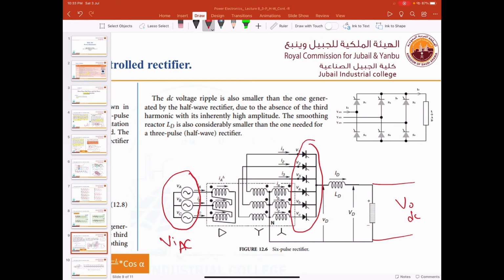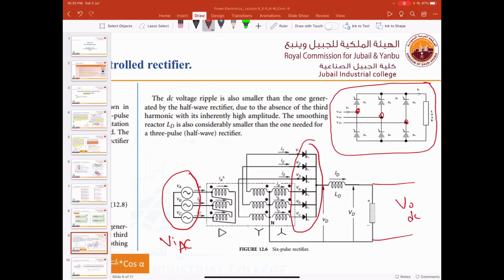Now this is the typical diagram for the 3-phase full wave rectifier. We will use a bridge rectifier here. Line 1 should be here between S1 and S4. Line 2 is here. Line 3 is here, so that we cannot have a short circuit.